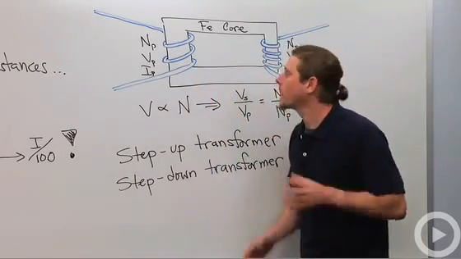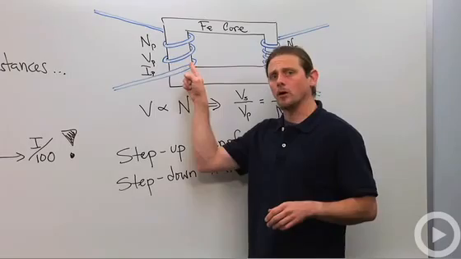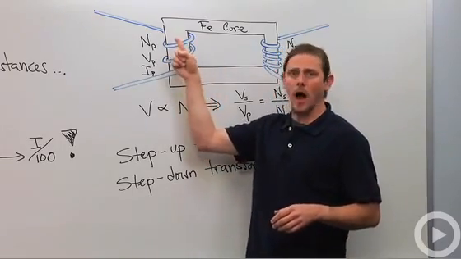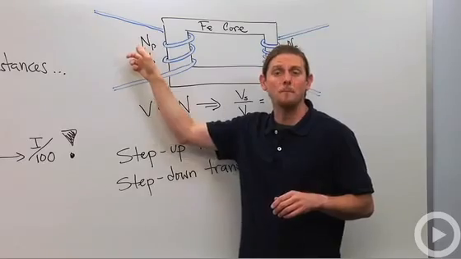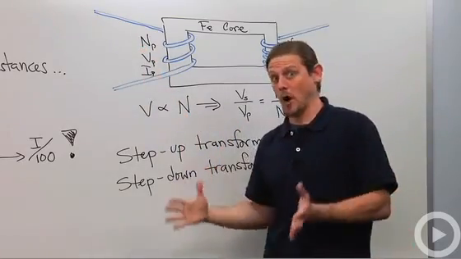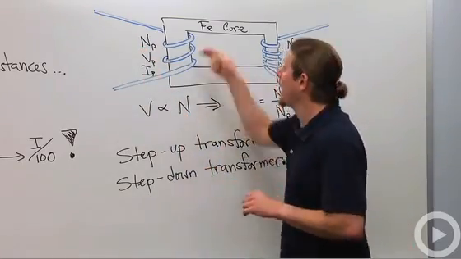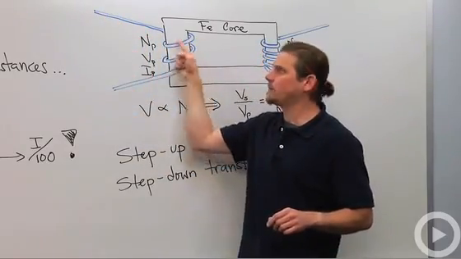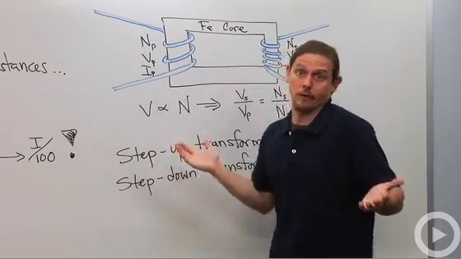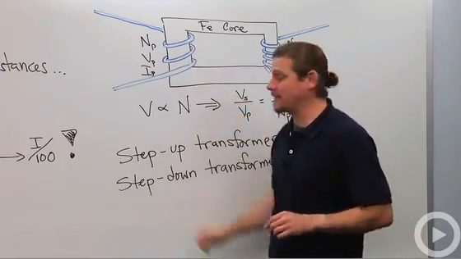So let's see why. We've got this incoming current. We wrap it around part of the iron core some number of times. The number of times I'm going to call N sub P, for number of primary turns. Then we send it out. Now, this current is going to generate a magnetic field.